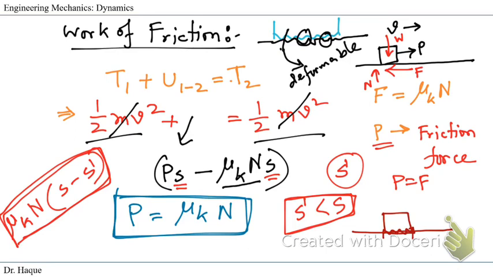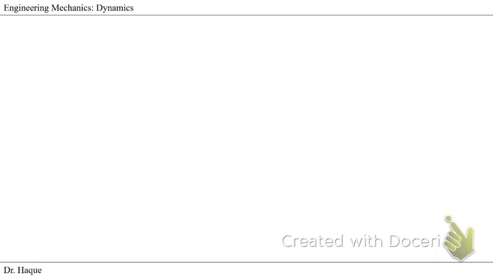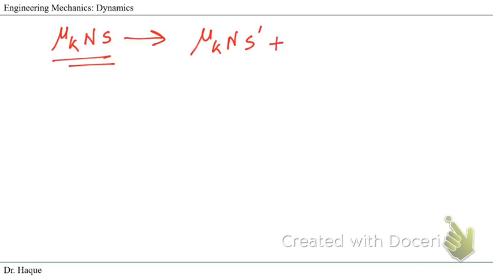Just to summarize, we will have the resultant friction that we're going to use, and we assume that this represents the actual frictional force itself, plus the internal work, which is mu k N times (S minus S prime).